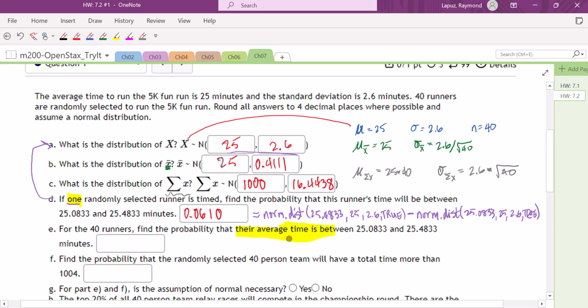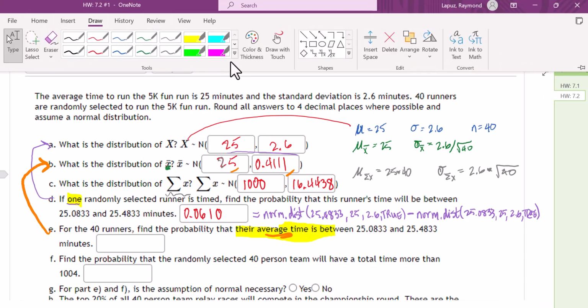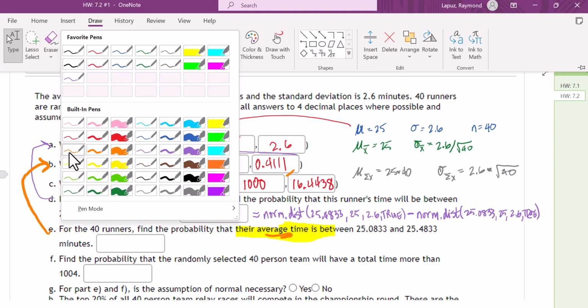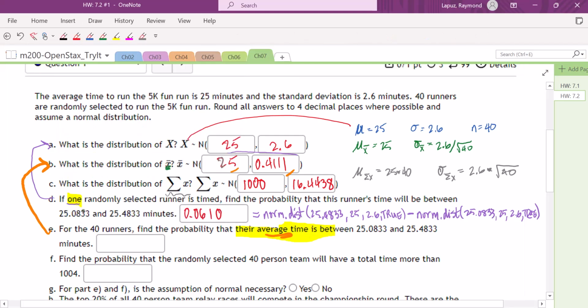For this distribution, because of the average time, we would be looking at a distribution with a mean of 25 and a standard deviation of 0.411. It's going to be the same sort of command here, so it'll be the same command.